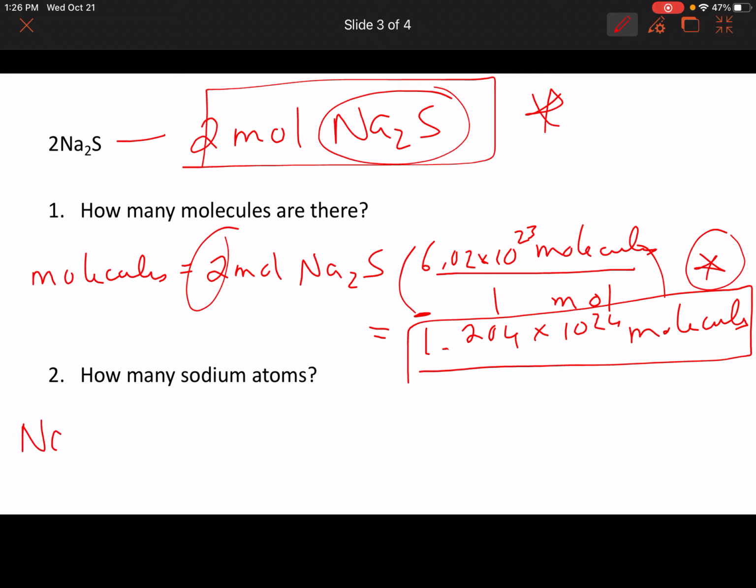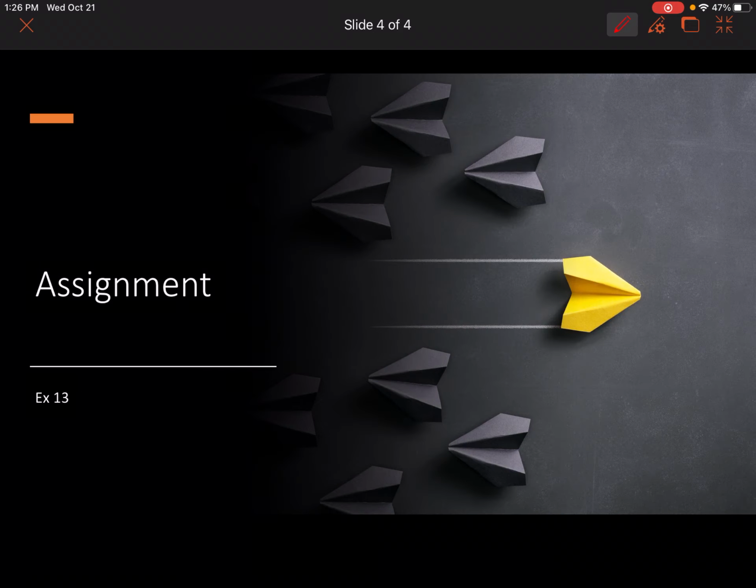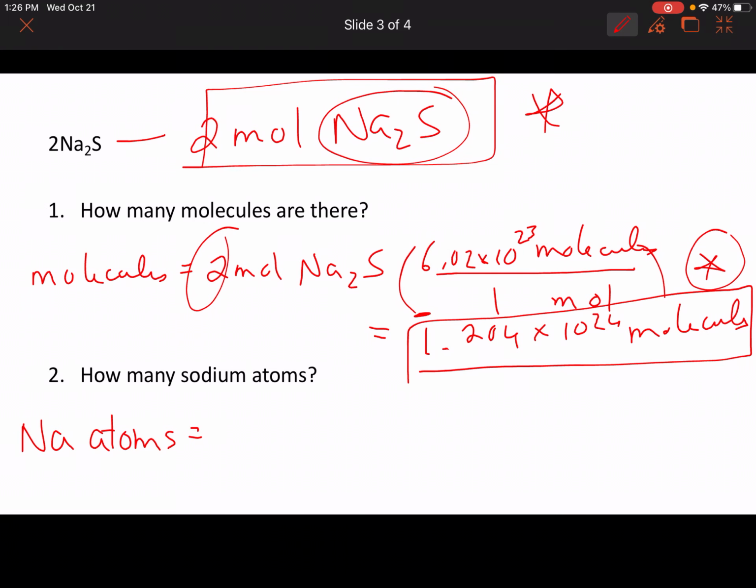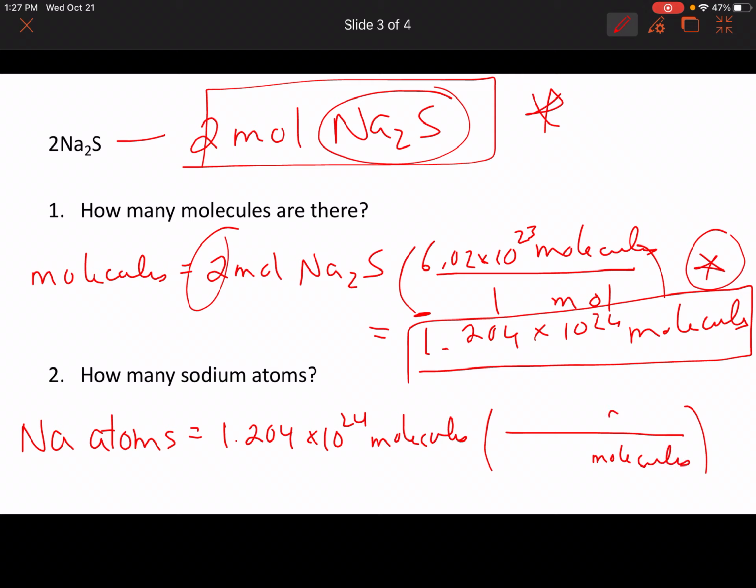So sodium atoms is going to equal, I know that I've got 1.204 times 10 to the 24 molecules. Now, molecules I want to cancel, and atoms is what I want to end up in. So looking at this, how many sodium atoms do you have in 1 molecule of sodium sulfide?